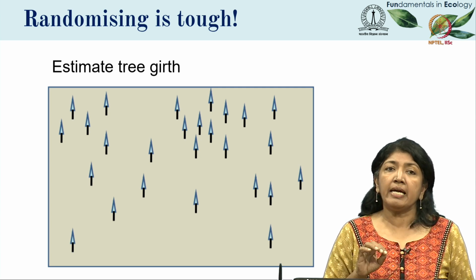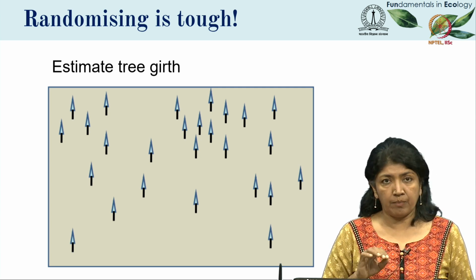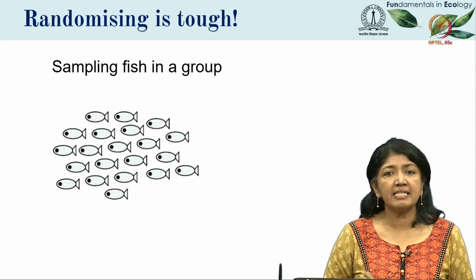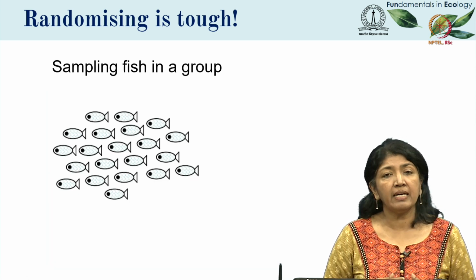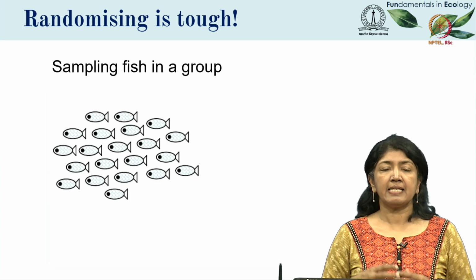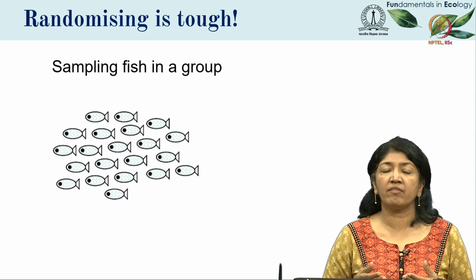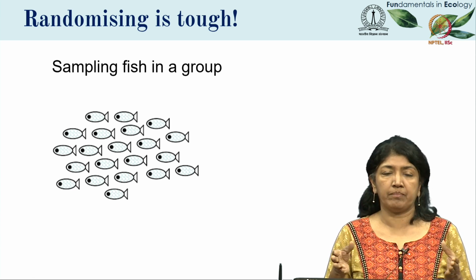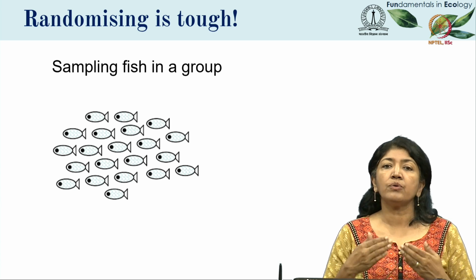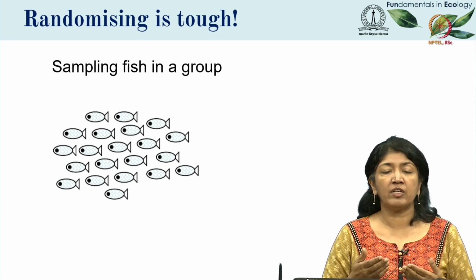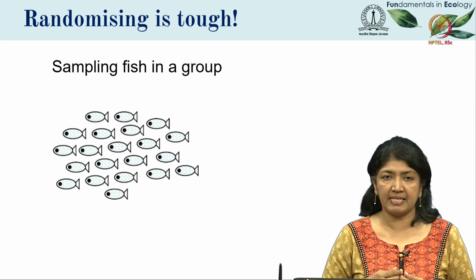I would like to really emphasize this point that randomizing is tough. So, let us take another example. Let us say I am interested in measuring the behavior of fish in a stream, and I want to measure the behavior of fish in groups of different sizes.